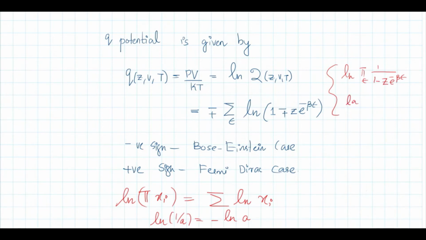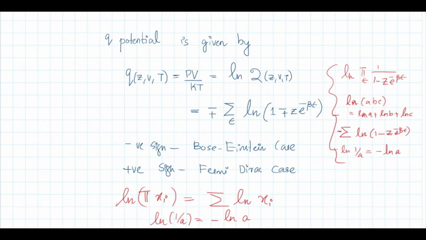Logarithm of a product, ln of a, b, c, you can write as the sum of logarithms, log a plus log b plus log c. Okay, logarithm of a product is the sum of logarithms. So this product will get replaced with sigma. Logarithm of 1 divided by, I can write it as minus of logarithm 1 minus z e raised to minus beta epsilon, because logarithm of 1 by a is nothing but minus log a.